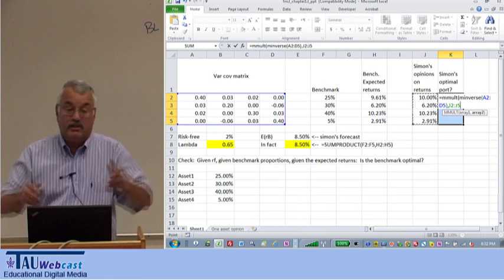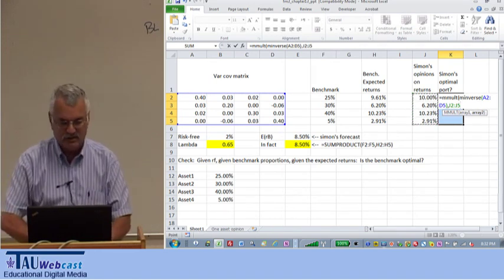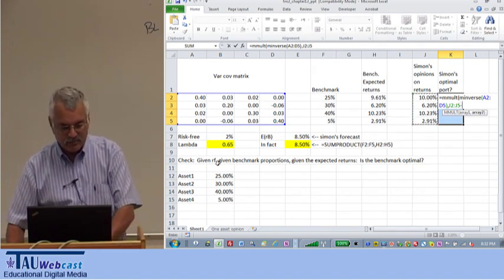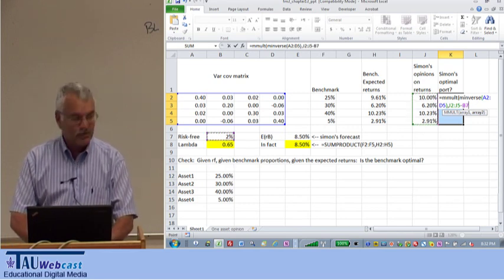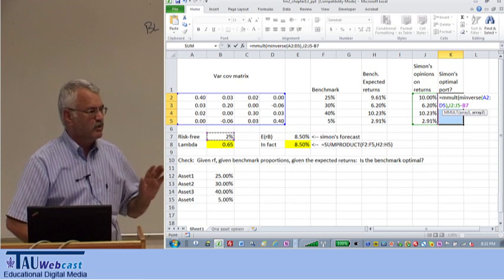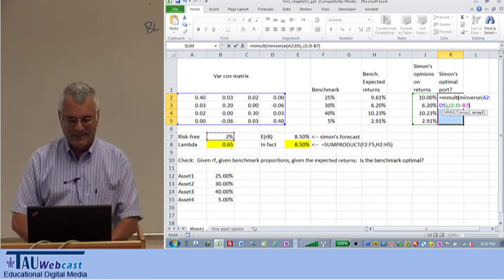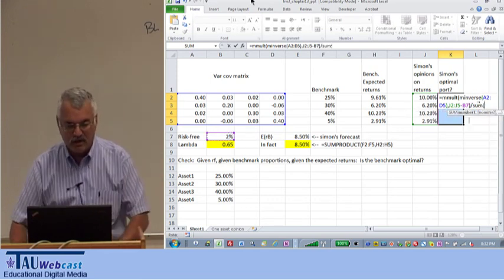That's the difference now. Minus the risk-free rate. It's the same risk-free rate. Presumably, I don't have any opinions about the risk-free rate, right? I'm smart, but I'm not that smart. Divided by the sum.